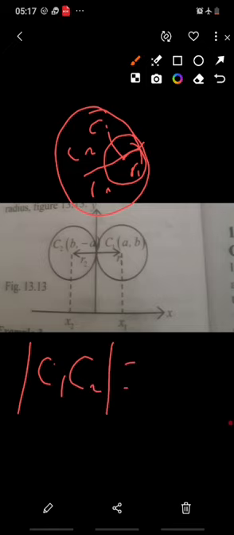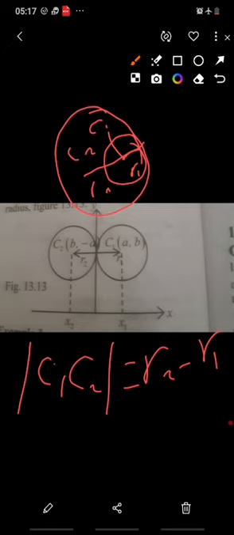If they touch internally, then to get the distance between their centers, let's say this is center C2, and this is center C1, we have to subtract their radii. So the magnitude of C1C2 will be equal to R2 minus R1.